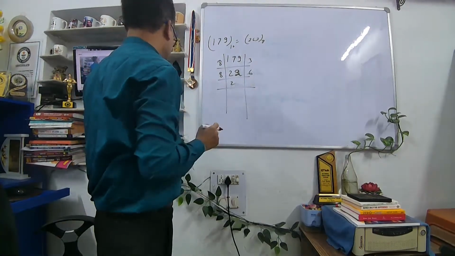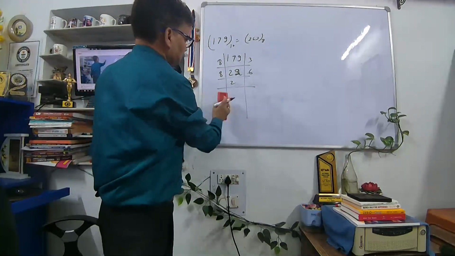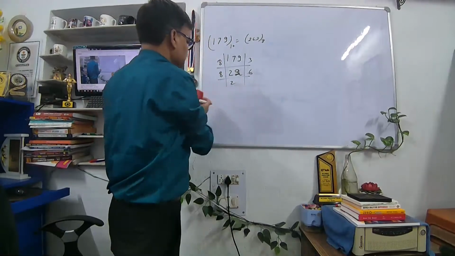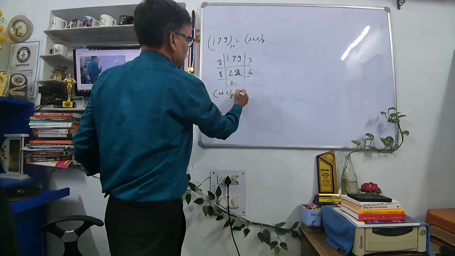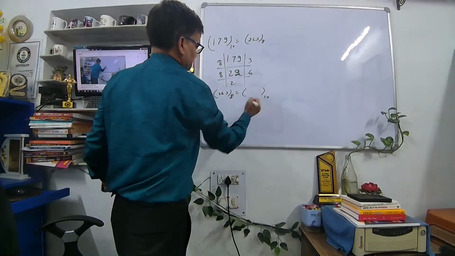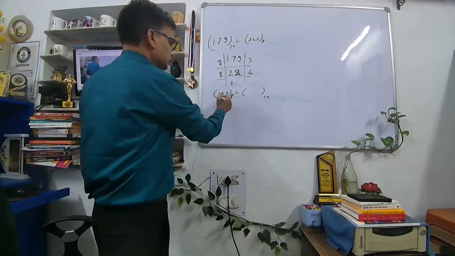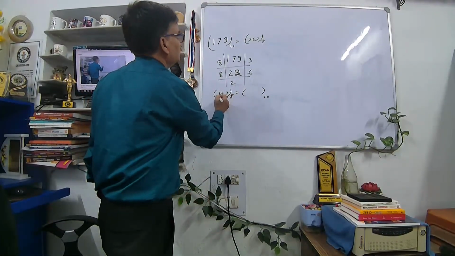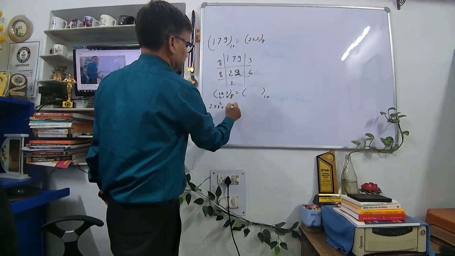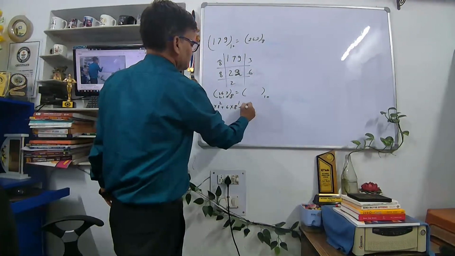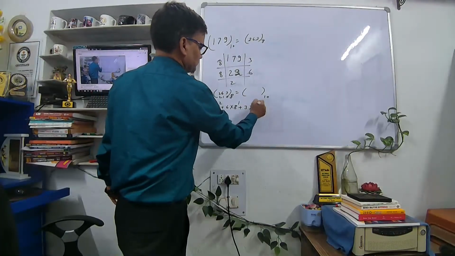That's the octal number. Again, if I have this 263, which was in octal, and it is to be converted to decimal, I label the positions 0, 1, 2. 2 into 8 to the power 2 plus 6 into 8 to the power 1 plus 3 into 8 to the power 0.